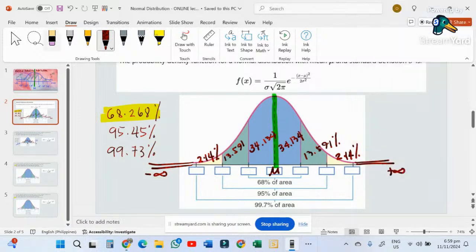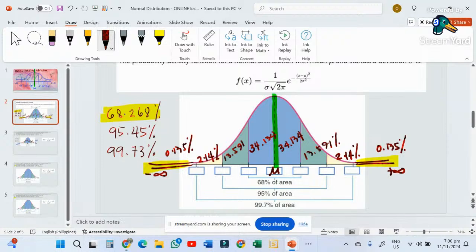What does it mean? That area that approaches negative infinity will be 0.135%. And that area that approaches positive infinity over here, you do not know where it ends, but that will be until infinity, because the whole of that will be 100%.